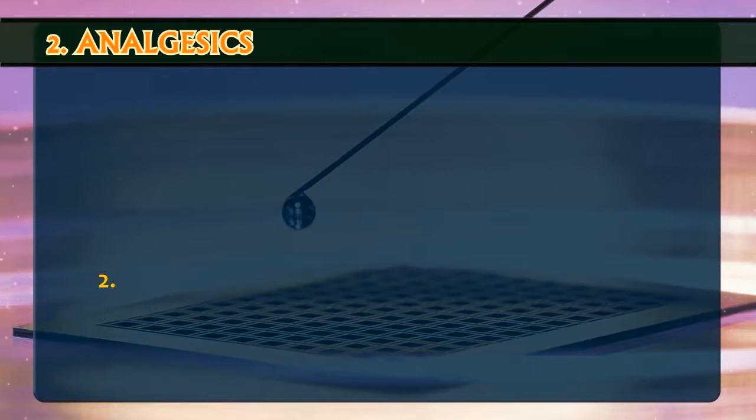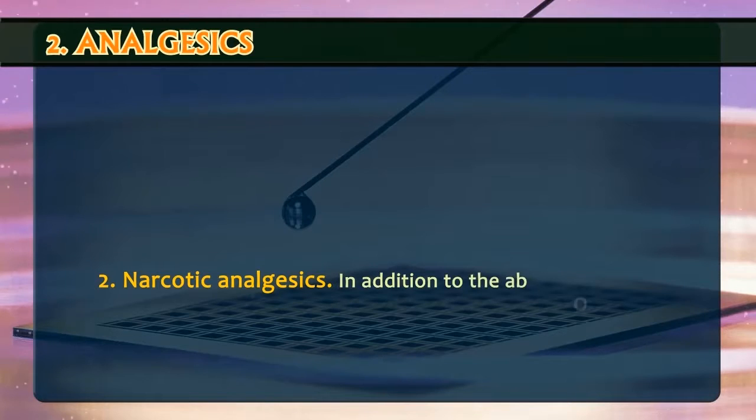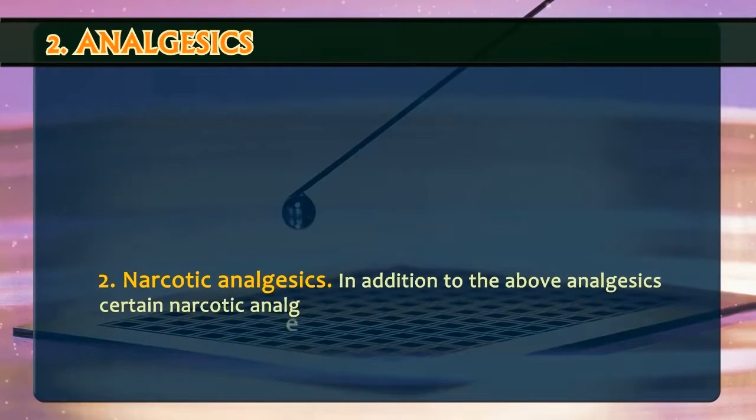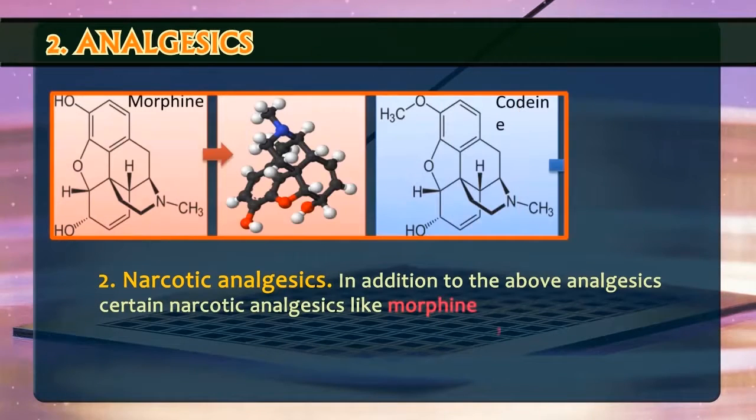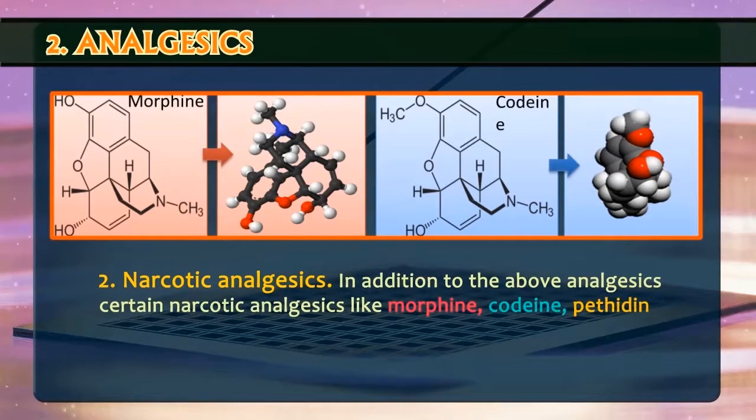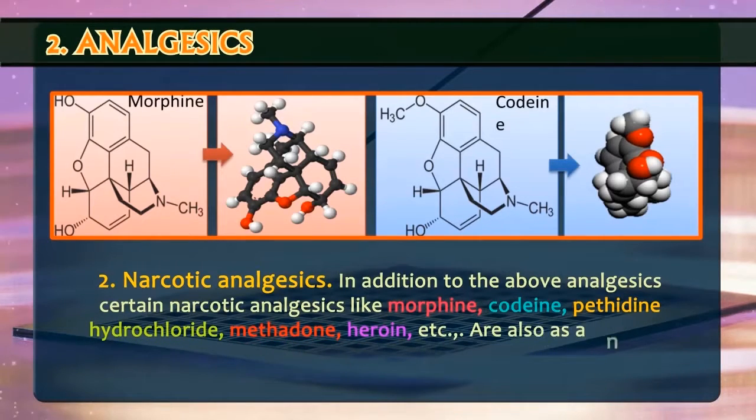2. Narcotic analgesics. In addition to the above analgesics, certain narcotic analgesics like morphine, codeine, pethidine hydrochloride, methadone, heroin, etc. are also used as analgesics.